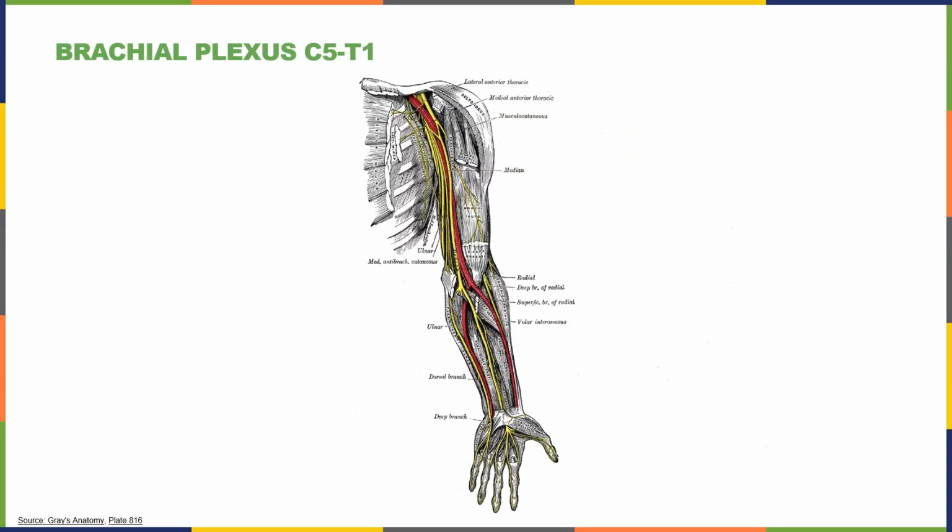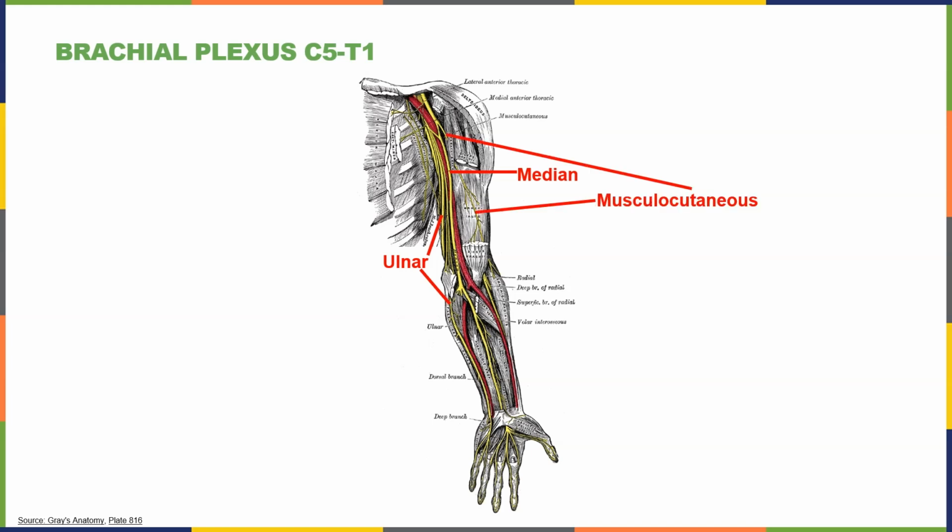Here we can see major nerves of the brachial plexus as they're traveling down through the arm and forearm. We have the ulnar nerve along the medial side, exciting the flexor carpi ulnaris and flexor digitorum profundus. The median nerve, just lateral to the ulnar nerve, travels along the midline of the arm and forearm and excites most of the muscles on the anterior of the forearm, including flexor carpi radialis and flexor digitorum superficialis.